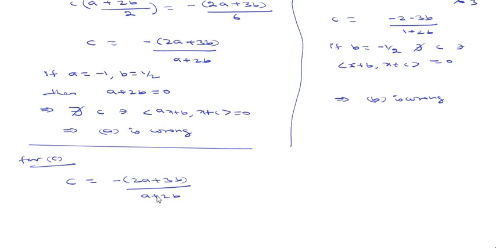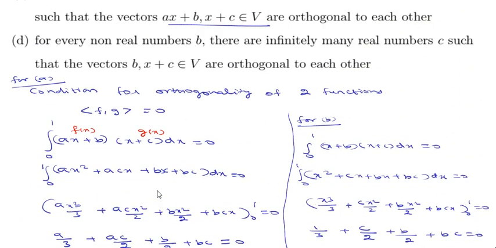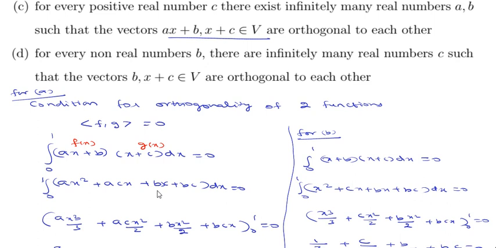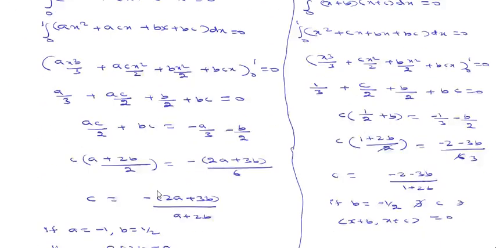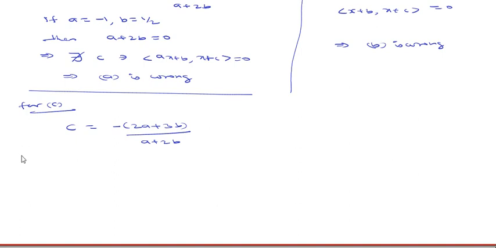So the option is for every positive real number C there exist infinitely many real numbers a and b. So suppose we fix C as 1, then we will see what happens to this A and B. Suppose C is equal to 1, so left hand side will be 1, so we get minus (2A plus 3B) divided by (A plus 2B).